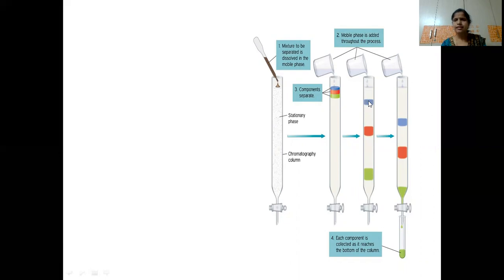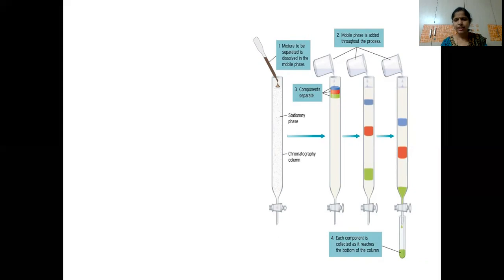As the mobile phase, or solvent, runs down the column from top to bottom, it interacts with these different components, and the separation of the components takes place. Two properties we can explain here: one is adsorption and the other is solubility.